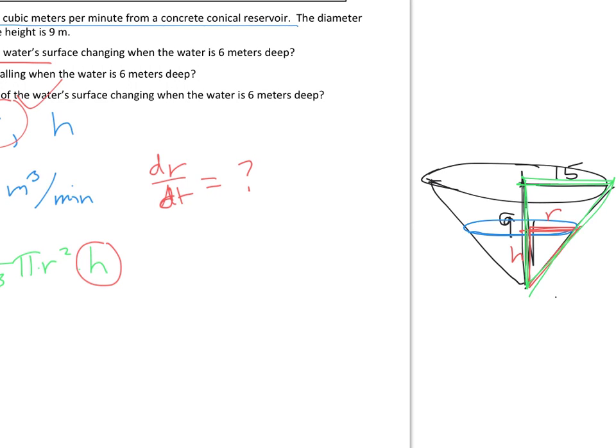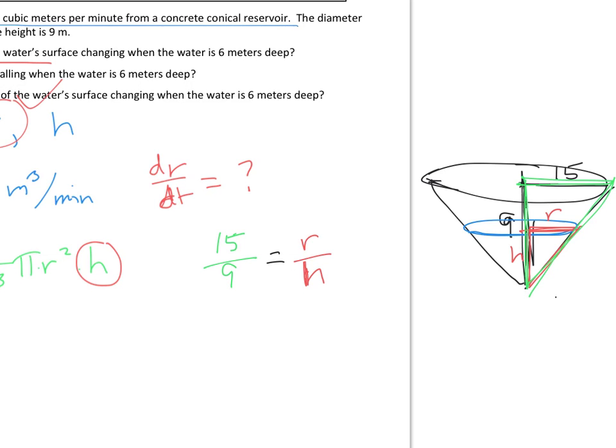So the way that I'm going to relate these is I'm going to make a proportion, and I'm going to relate the big triangle, the radius over the height of 9, has to be equal to the ratio of the radius and the height at any point in time.